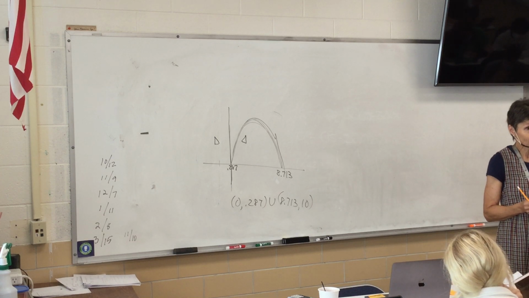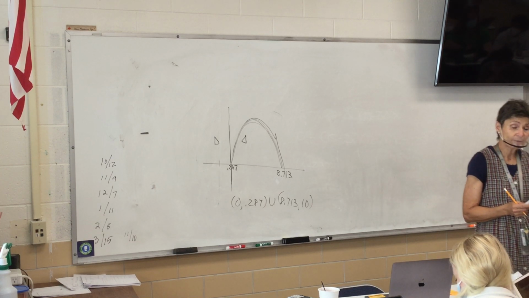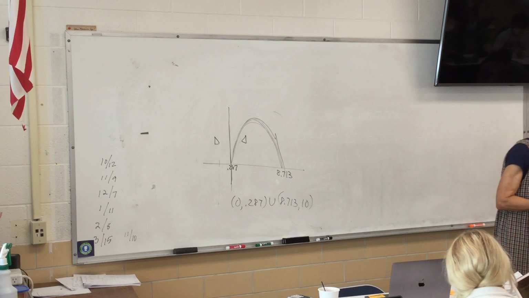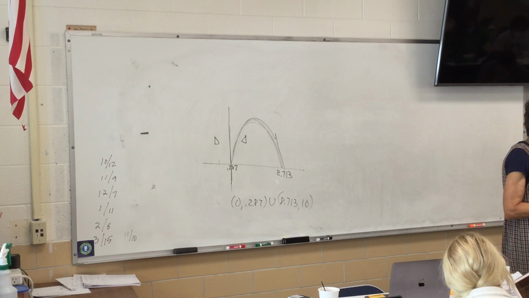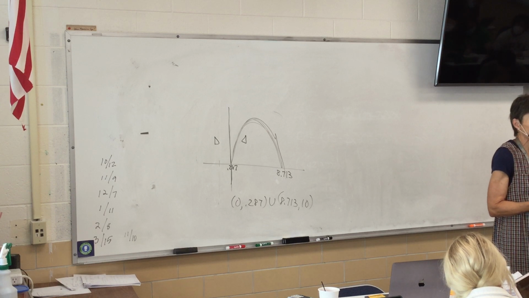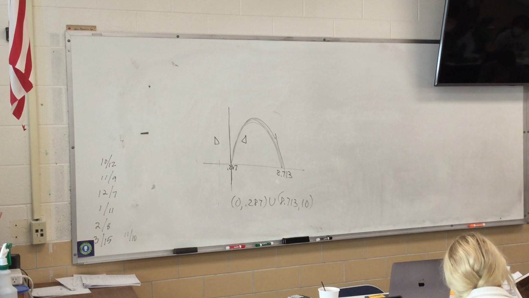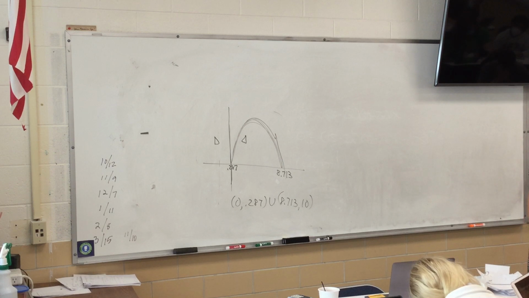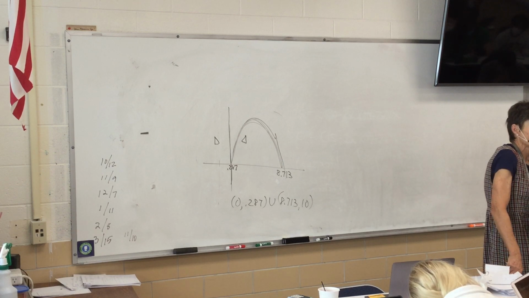Sometimes when we see the parentheses, we automatically think associative, but the grouping did not change. What changed is the order. And when order changes, we are commutative of addition.